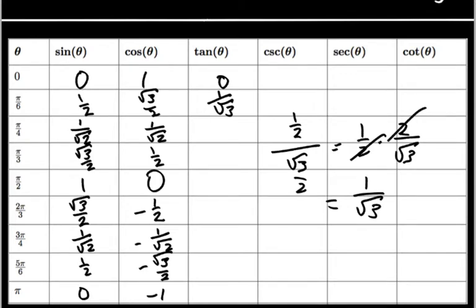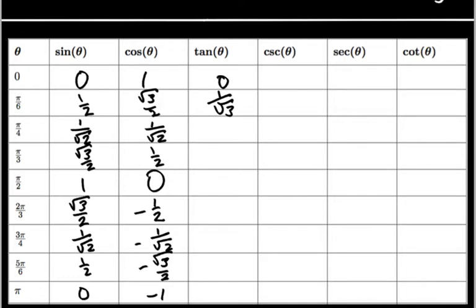You've heard that year over year over year, so just know it. And then you get 1 over square root of 3. Remember, you do not have to rationalize. No one in mathematics actually does that. I'm just going to fill these out a bit quicker, just because I don't want the video to last way too long.